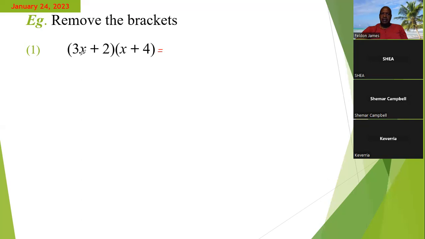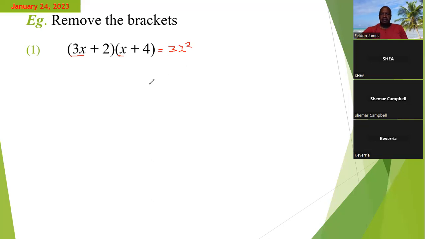All right. So you're taking the 3x times this. Yes, sir. So 3x times x will give you 3x squared.